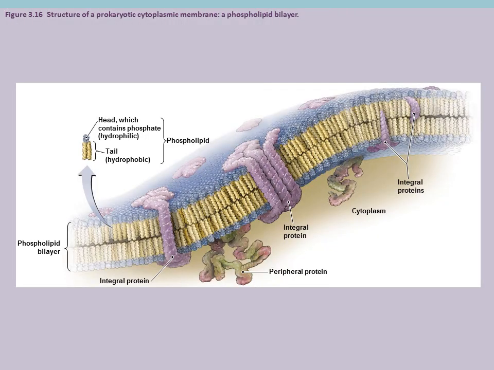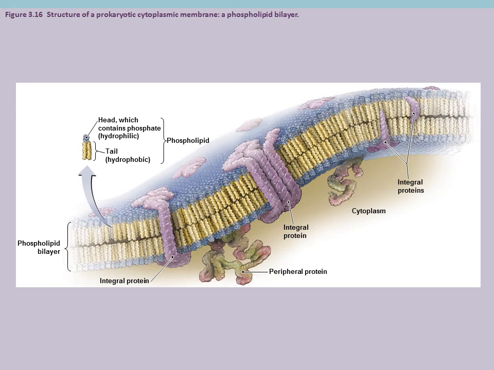And this shows in this schematic drawing the phospholipids. If you remember, if you've studied the chemistry, the phospholipid has the hydrophobic tails, fatty acid tails, which here are colored as yellow. And then you have the phosphate head, which is hydrophilic.